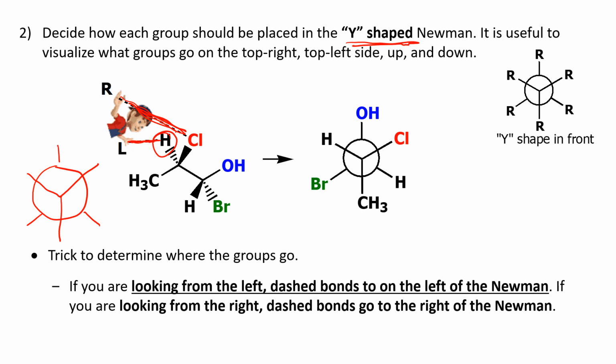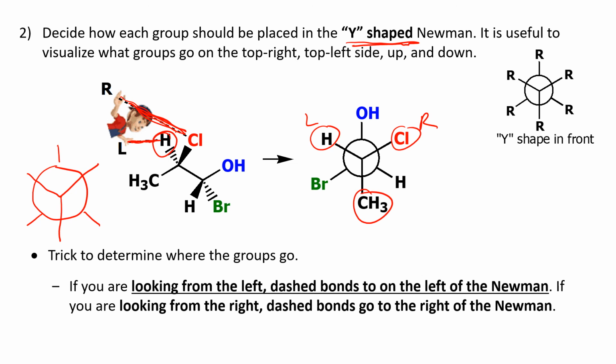Now, if we want to draw the Newman, we see this was on our left, this was on our right, and we have our Y shape. And what's going down? That's the CH3 group.